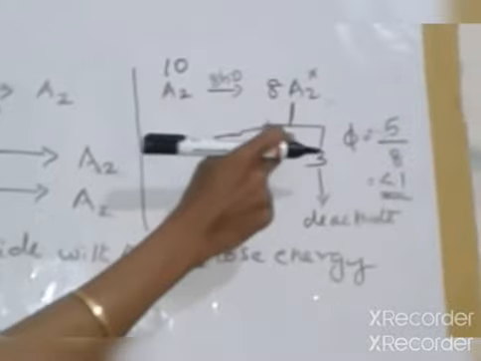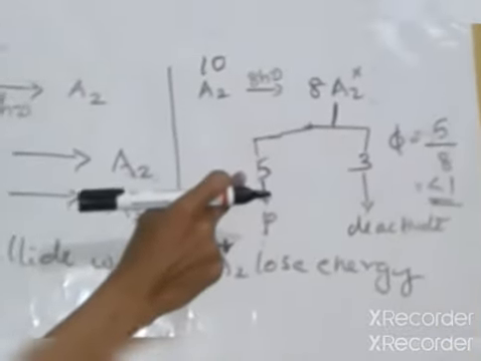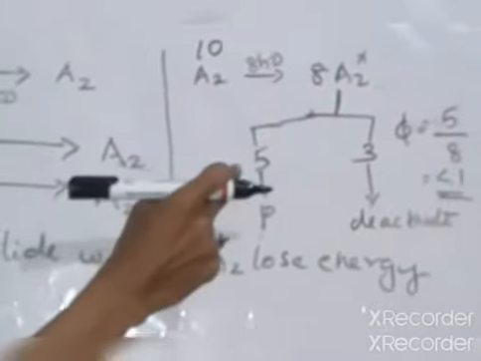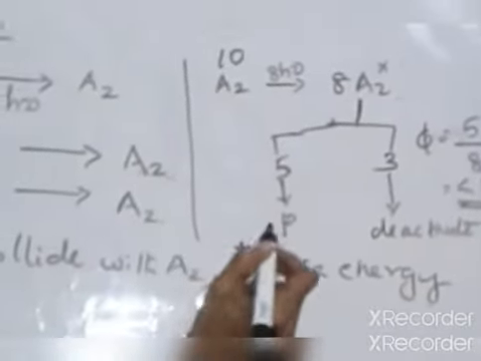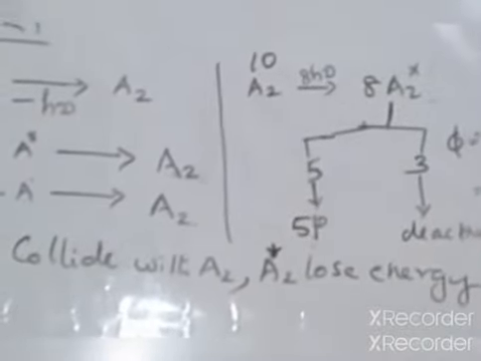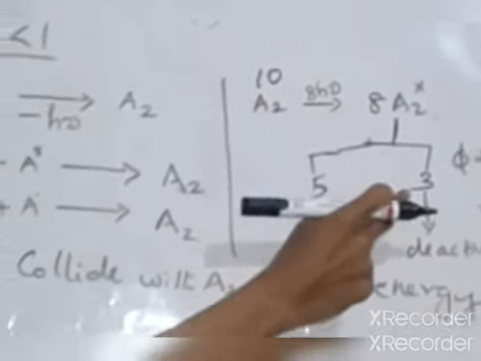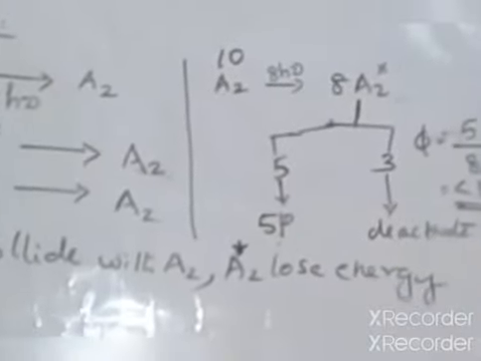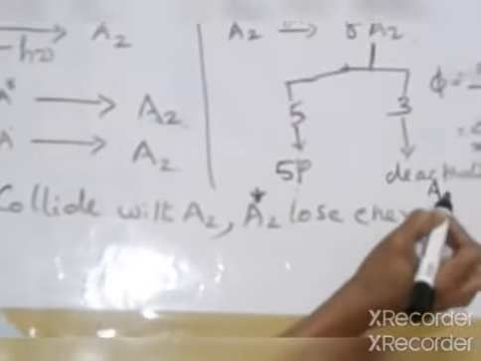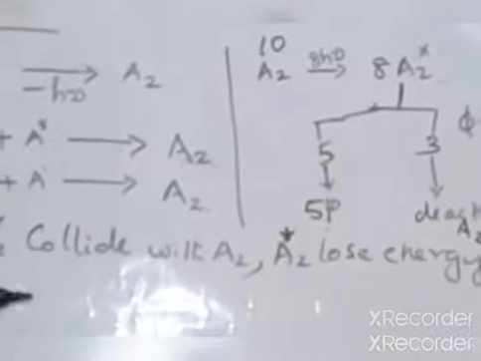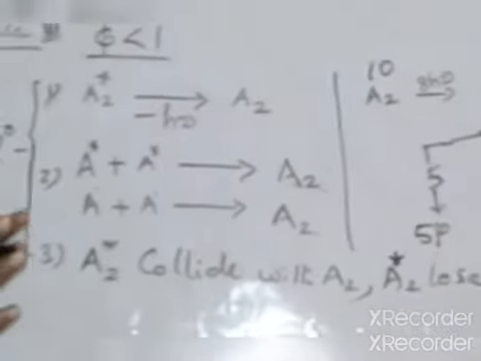Out of these 8 A2 star molecules, only 5 undergo further reaction and give 5 products. The remaining 3 A2 star molecules undergo deactivation, lose energy and get back to A2 molecules, but these 3 molecules do not undergo any reaction.